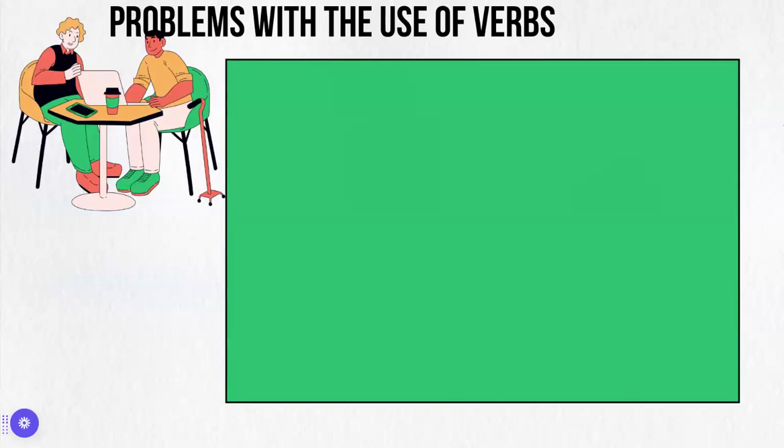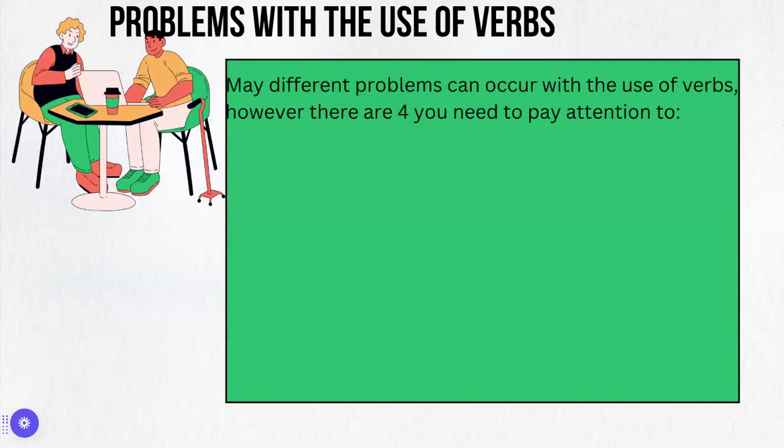The TOEFL test will also test your ability on identifying problems with the use of verbs. Now, there may be different problems that can occur with the use of verbs.